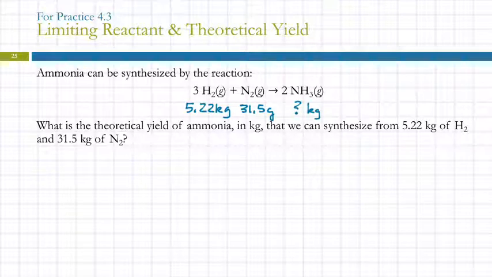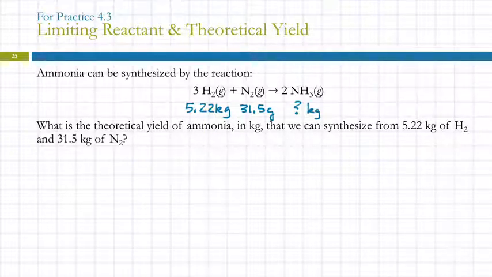In the previous section, when we did problems like this, they just gave us the mass of one, and we either assumed or they told us there's plenty of the rest. So when you have two amounts, you have to do two calculations. So we're going to go grams to moles to moles to grams. These are kilograms, but we can deal with that.